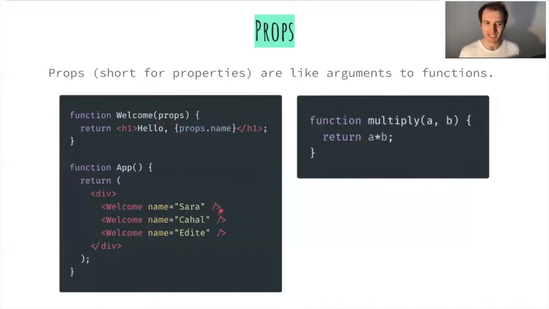So in the previous example, you might say, okay, we're creating 3 different cookies from the same cookie cutter, if we imagine that this was a class-based component. And in the first case, this cookie we're setting with the prop of name to Sarah, and this one to Kahal, for example.